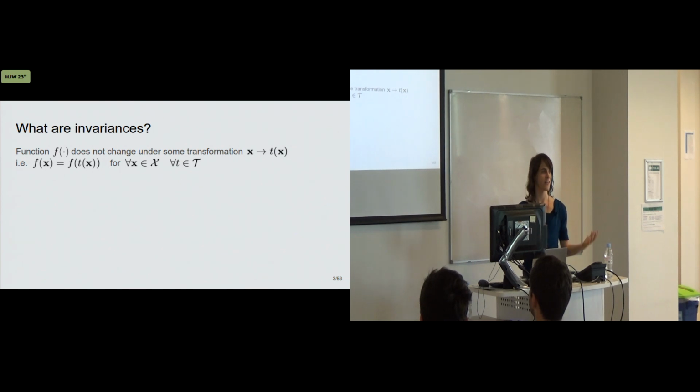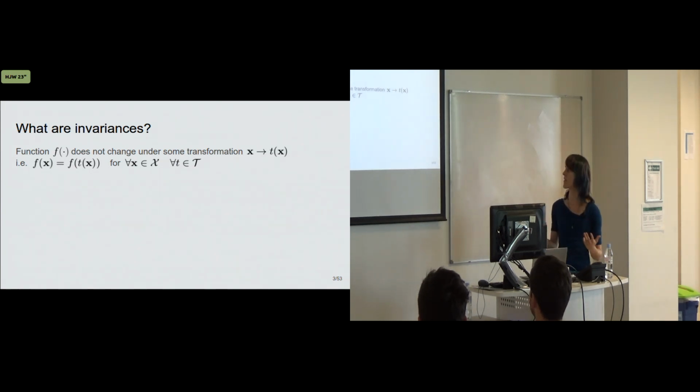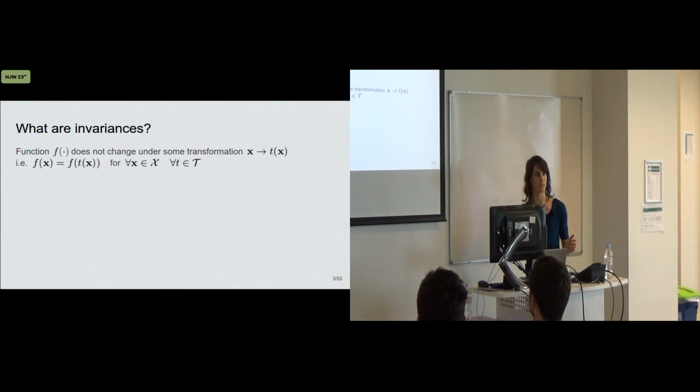So invariances are when a function of a point does not change its value under transformation from a point x to T of x, where T is some arbitrary transformation. So if the function value at x is the same as the function value at the transformed version of x, then we say the function is invariant under this transformation.